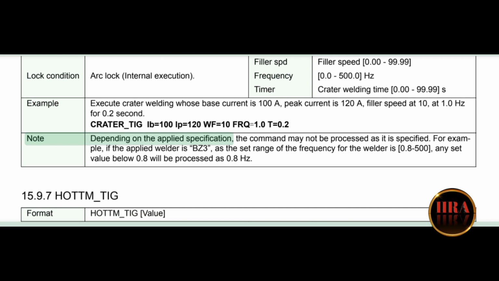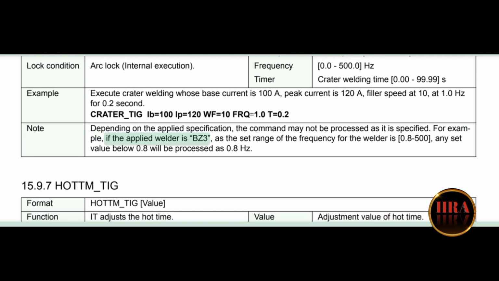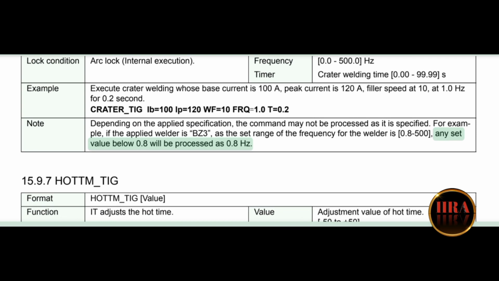Note: depending on the applied specification, the command may not be processed as it is specified. For example, if the applied welder is VZ3, as the set range of the frequency for the welder is 0.8 to 500, any set value below 0.8 will be processed as 0.8 Hz.